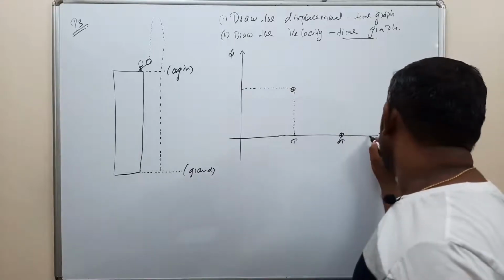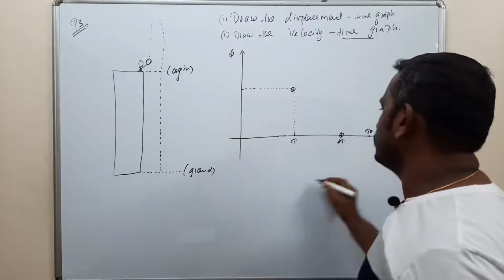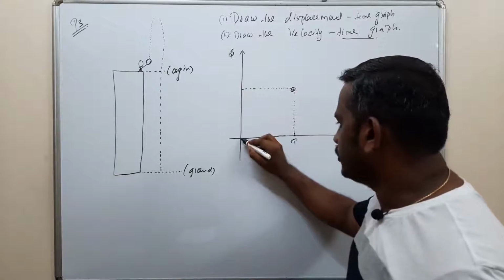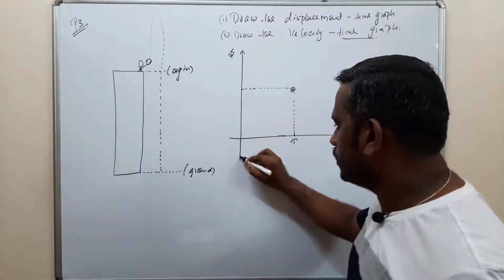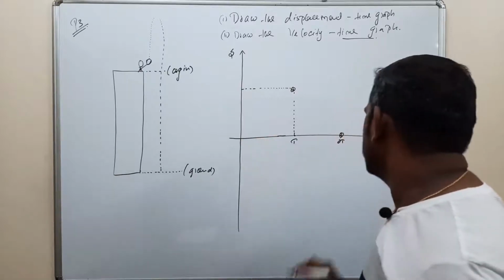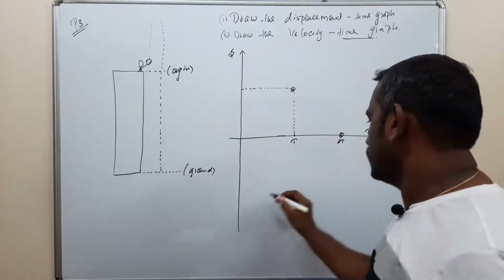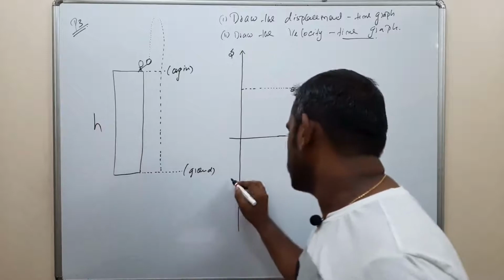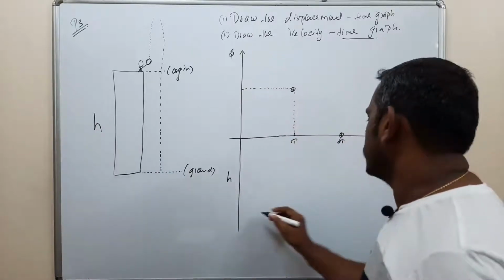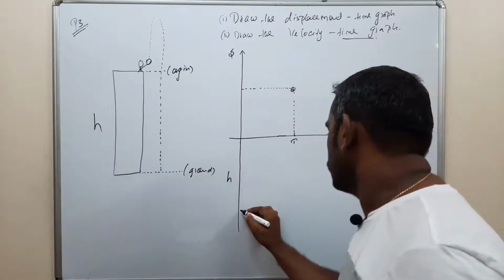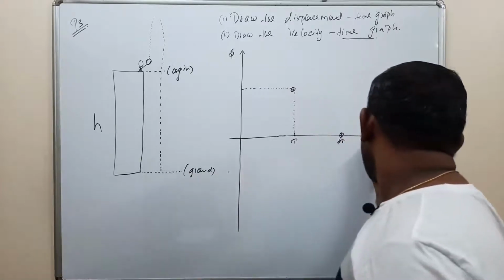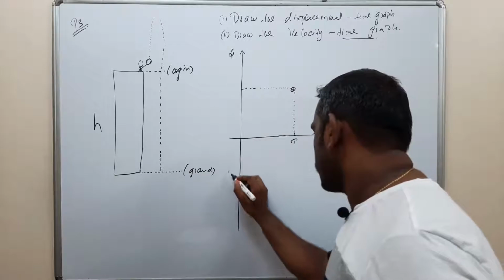At time t0, it reaches the ground. That is the negative displacement. Suppose this is the height of the tower, so the displacement is in the negative direction.